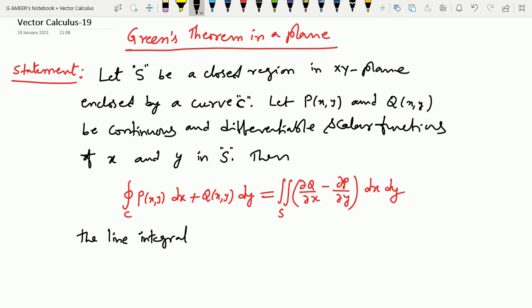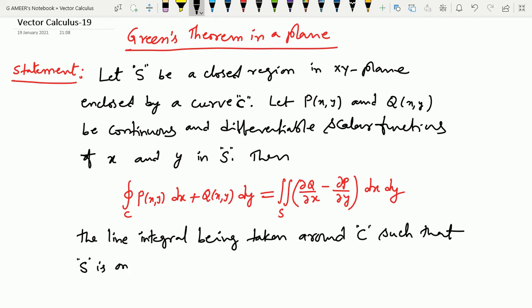The line integral being taken around C such that S is on the left as one advances along the curve C.